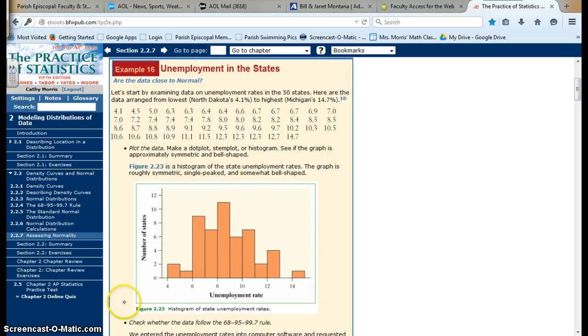The first example is in section 2.2.7, example 16, unemployment in the United States. You have the 50 values, listed in ascending order from 4.1%, which is North Dakota's unemployment rate, to 14.7%, which is Michigan's. What I've done is import these into the calculator.